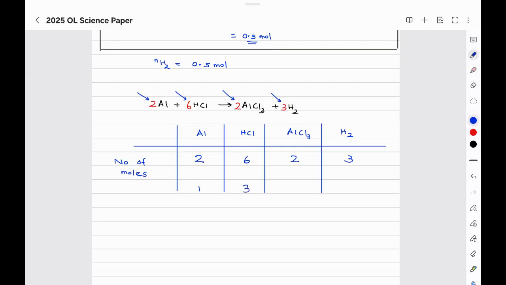Then tell me how much aluminium trichloride should be produced according to this proportionality? 1. Then how much hydrogen gas should be produced? Answer this one very carefully. Everyone. Yes. What is it?